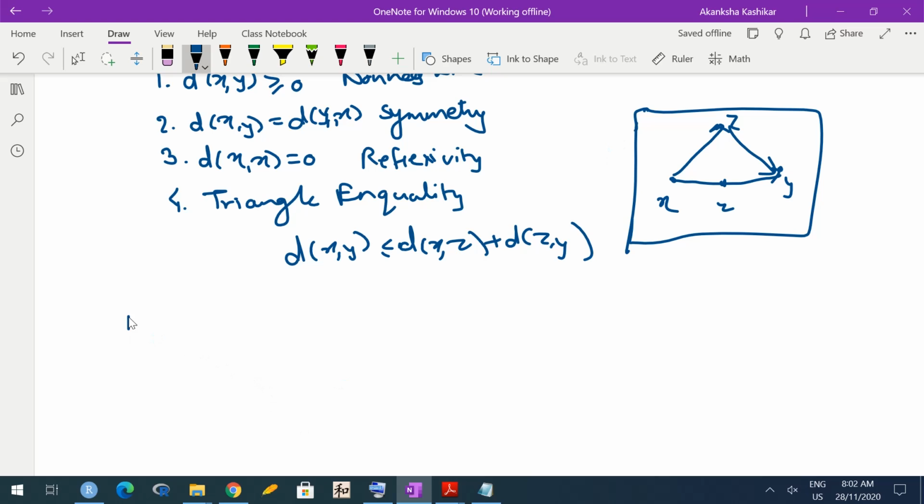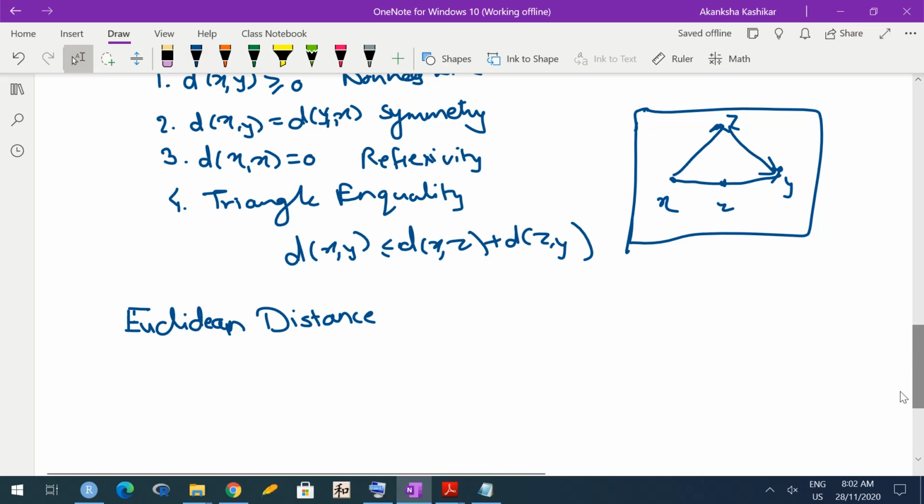Some commonly used distance functions include Euclidean distance. So Euclidean distance is a straight line distance or an aerial distance in some sense.